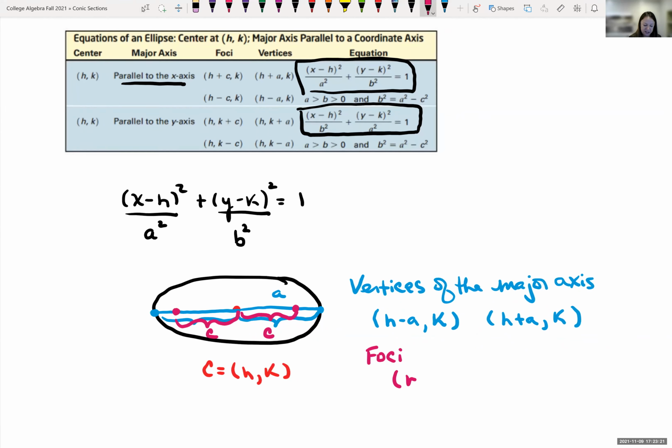So we would have (h minus c, k) and (h plus c, k). The minor axis goes through the center. And these are our vertices on the minor axis.